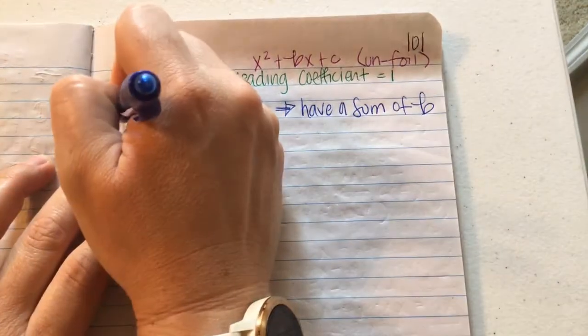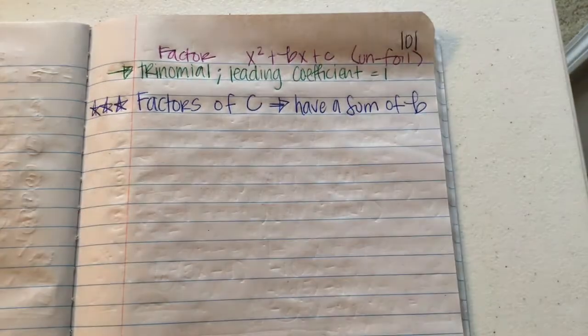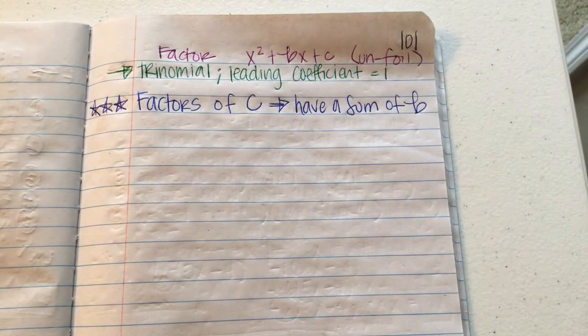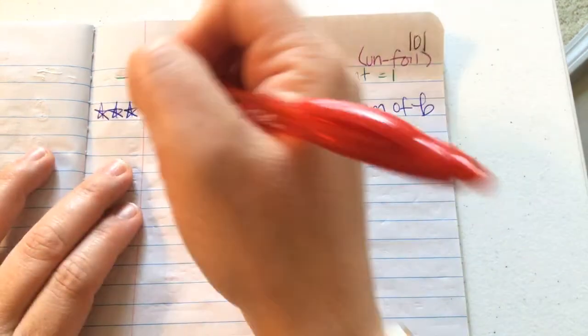We've been doing this in our bell work all year, preparing for this moment. When I say factors of 20 that have a sum of 9 on your bell work, you would say 4 and 5, right? So we are looking for factors of that third term, the last term, the term without a variable, the plus or minus number, that have a sum of B, which is that middle term. So we're going to walk through these problems.